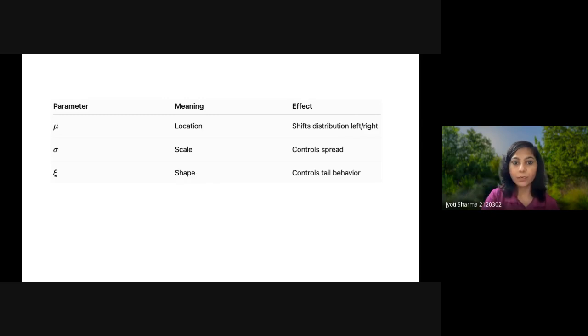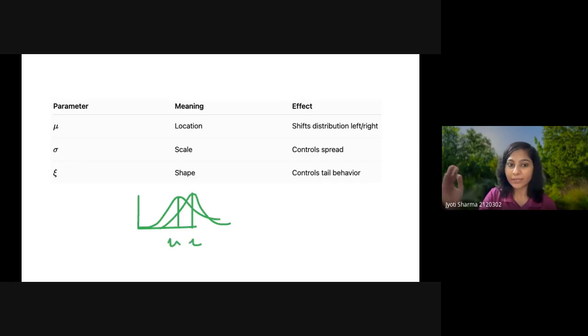For example, when your mu value, the mean, is shifting left or right, we can get some information out of this. Sigma is your spread, so it will tell whether the variability in the extreme values is increasing or not. Then the shape controls your tail behavior.